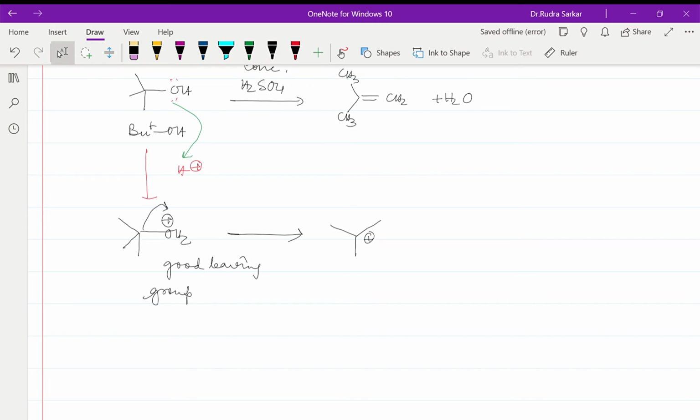Okay. So this is my rate determining step, that is the formation of the carbocation. And this is a 3-degree carbocation.